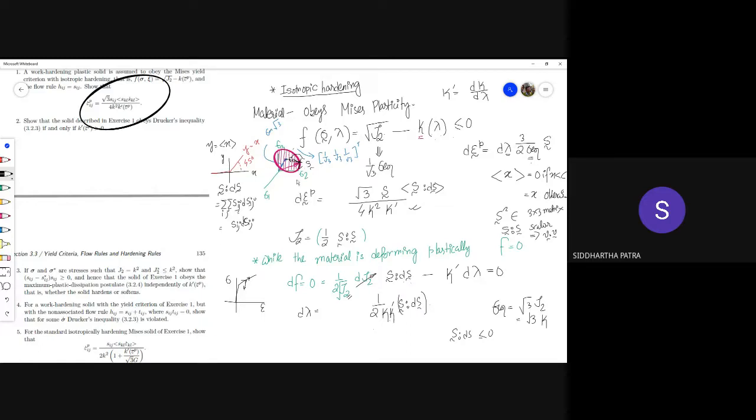So if you move tangentially, that is, along the yield surface, that means the size of the yield surface is not changing. That would mean that d lambda should be 0, because k is continuously changing with lambda.